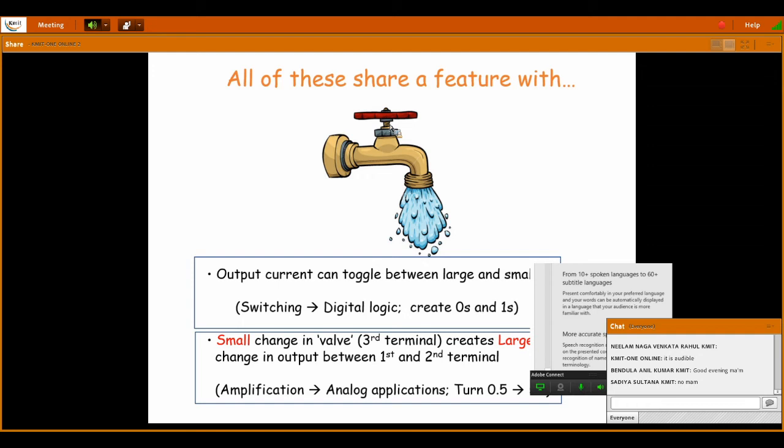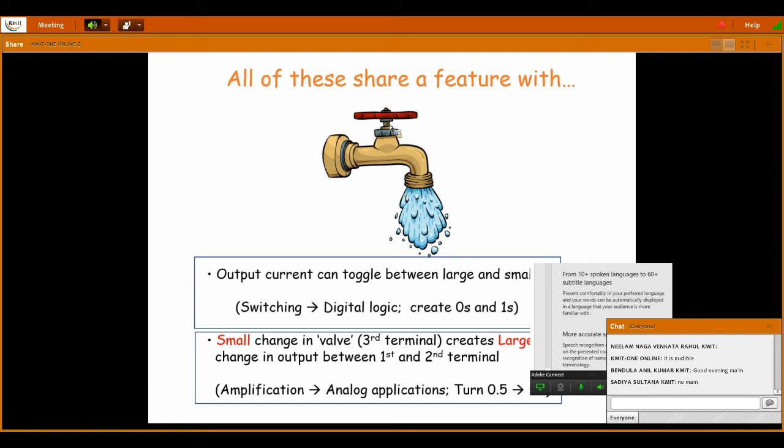A small change in the valve position can give you a large flow of water, or it can stop the flow of water from a tap. In the same manner, the applied voltage on the base terminal of your transistor can produce a large amount of current, and if it doesn't receive the proper voltage, within the cut-in voltage limits, then there is no flow of current through the transistor.